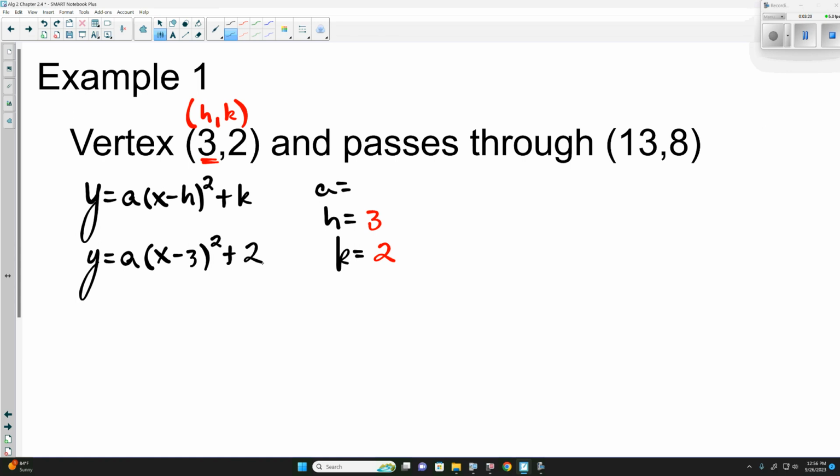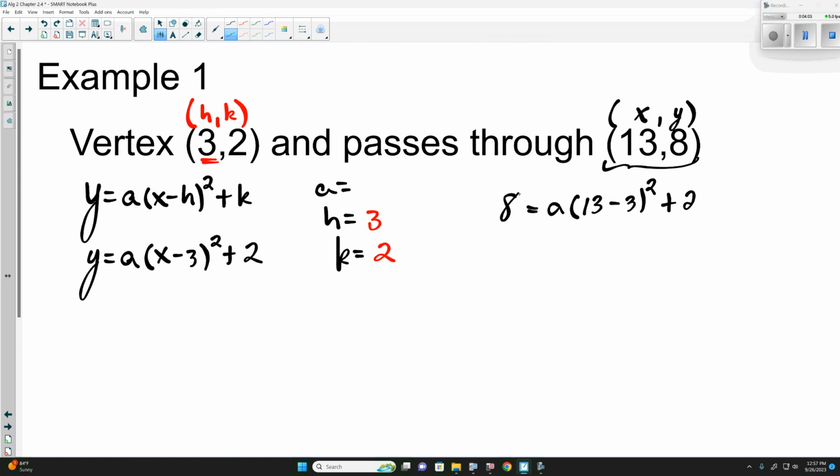Now the only thing we're missing is the value of a. And that's where the other point comes in, because since this point is on the parabola, on the graph, it is telling us that when we plug 13 in for x, because this is the point (x, y), and we simplify this right side, whatever the value of a is, times (13 minus 3) squared plus 2, we will get 8.